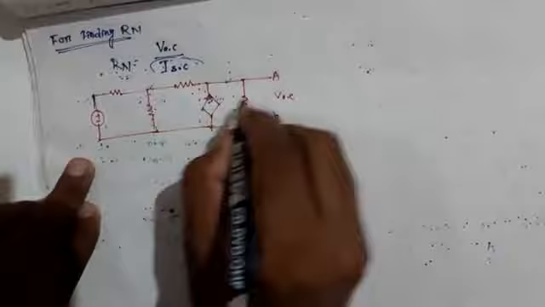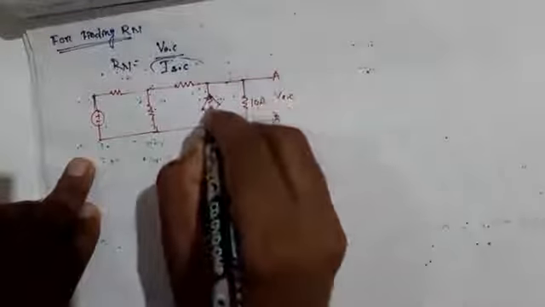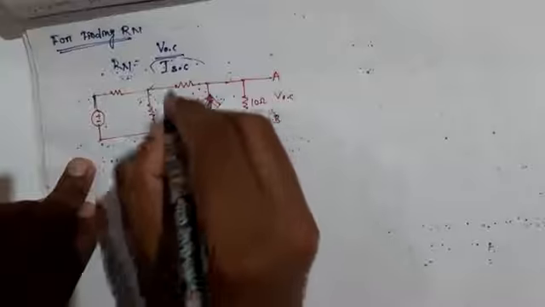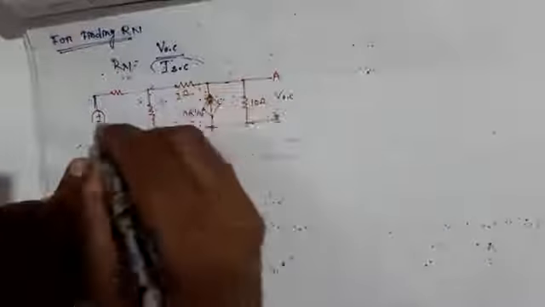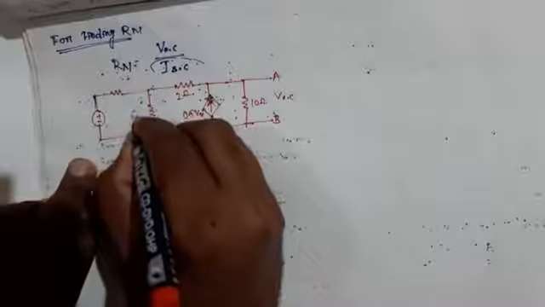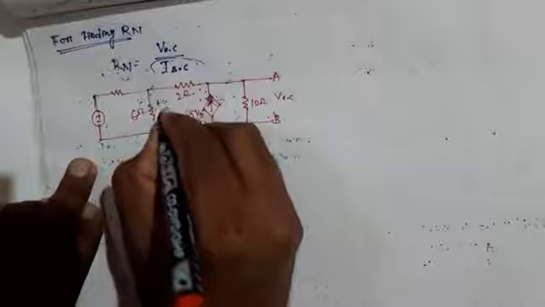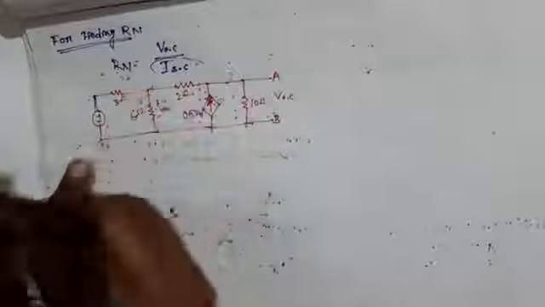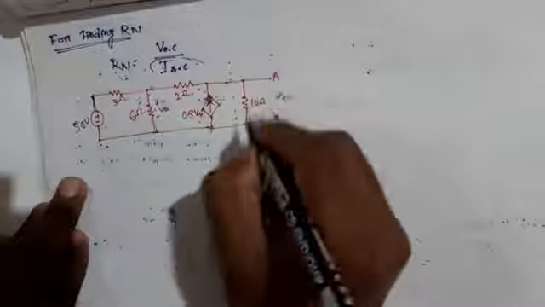And this is 10 ohm. This is 0.5 Vx. This is 2 ohm. This is 6 ohm, with plus or minus Vx. This is 3 ohm. This is 50 volt. We need to find this voltage.